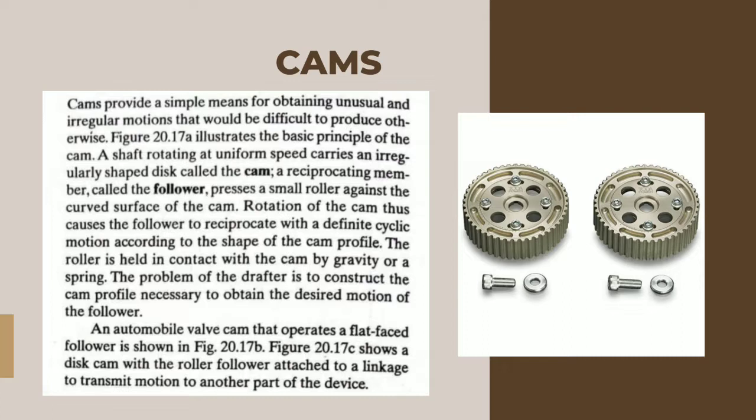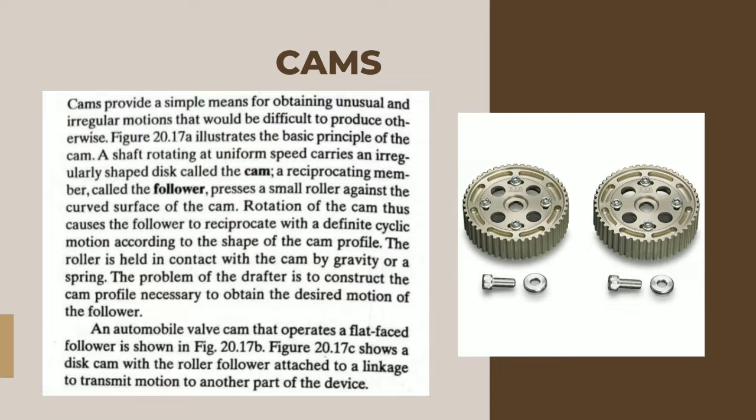Cams provide a simple means for obtaining unusual and irregular motions that would be difficult to produce otherwise. Figure 20.17a illustrates the basic principle of the cam. A shaft rotating at uniform speed carries an irregularly shaped disc called the cam. A reciprocating member called the follower presses a small roller against the curved surface of the cam.